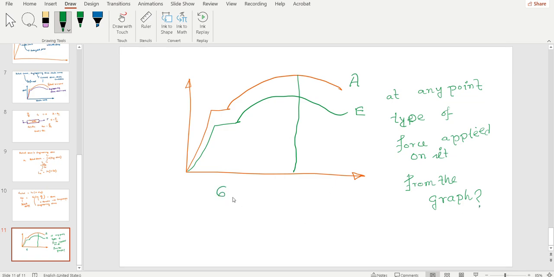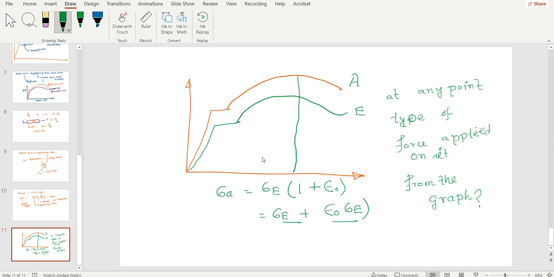Here the actual stress is equal to the engineering stress times 1 plus the engineering strain.